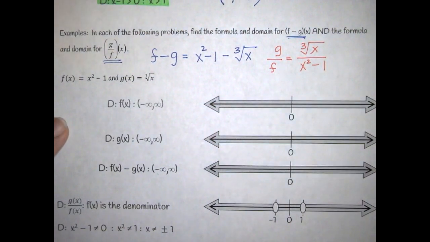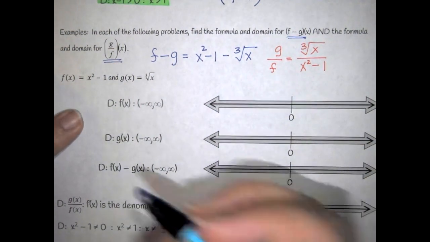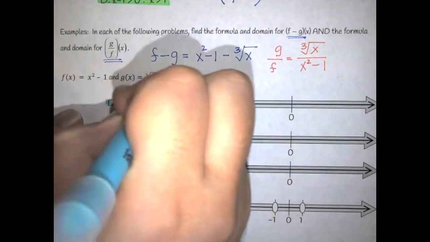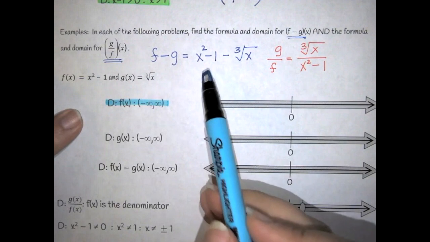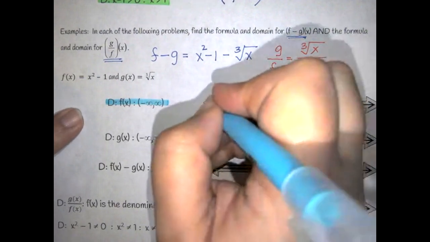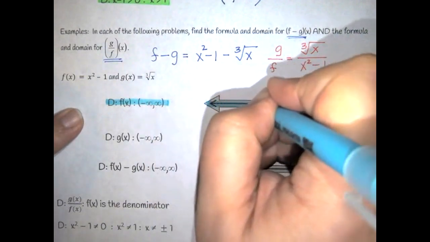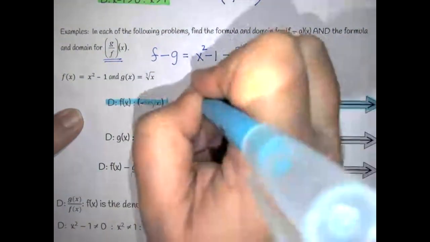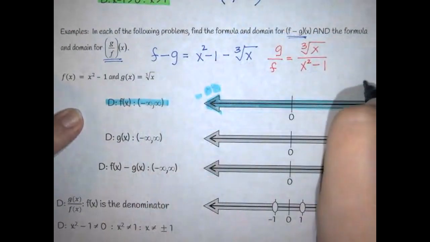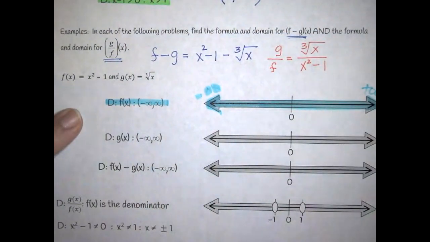So now we have to look at all of the pieces that we need. First and foremost, we've got our f of x, x squared minus 1, so we know that's going to use all real numbers. So again, my f is going to include the entire number line. There's the negative, and here's the positive.